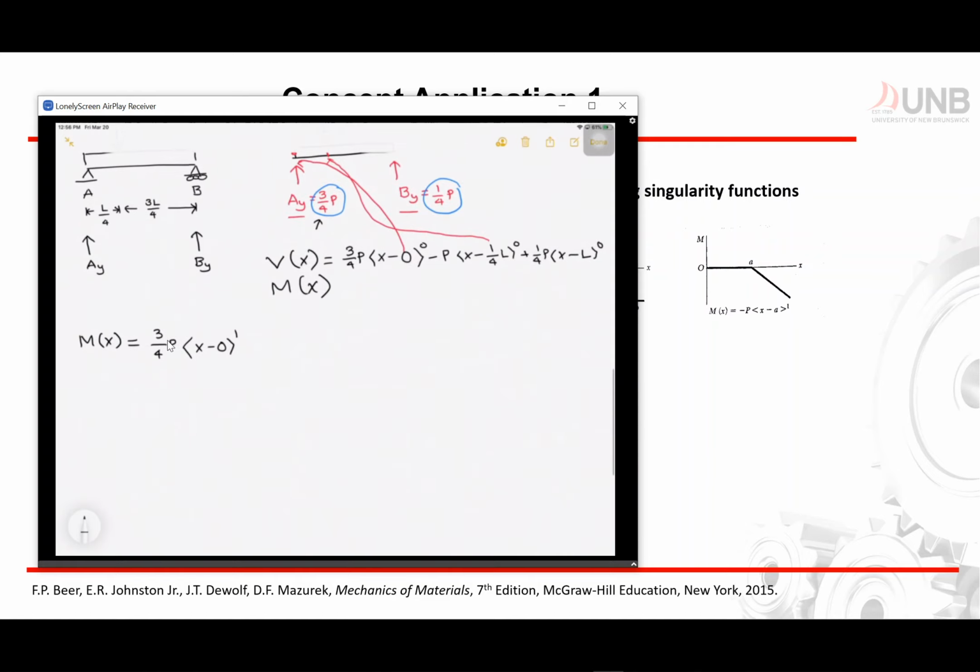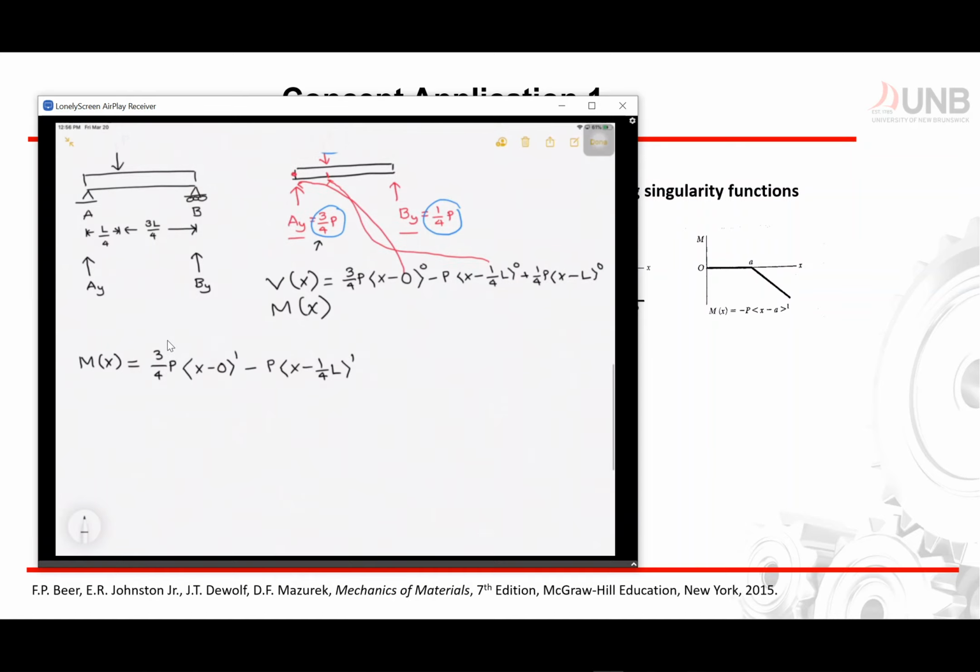So we're going to write negative p, now we have x minus 1/4 L raised to 1. So that's your second term. And then you're going to have your third term, which is 1/4 p. So we have plus 1/4 p, x minus L raised to 1. So we have this moment equation.